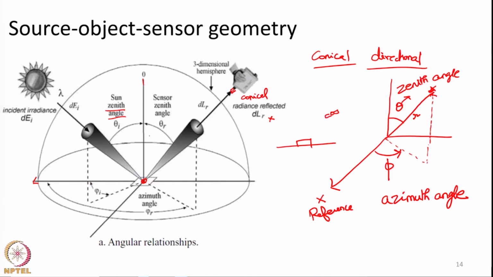This can be one particular directional component where it will have one zenith angle and one azimuth angle. Sometimes the sun may be here, the sensor also may be here in the same azimuth angle orientation. Sometimes the sun may be directly overhead, and the sensor may be lying somewhere here. So, these are all different possibilities that can occur in remote sensing.